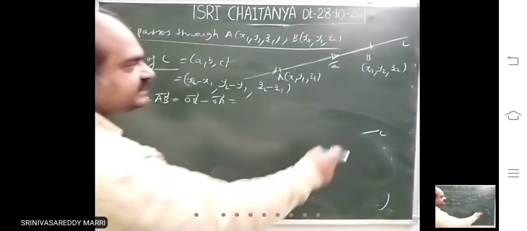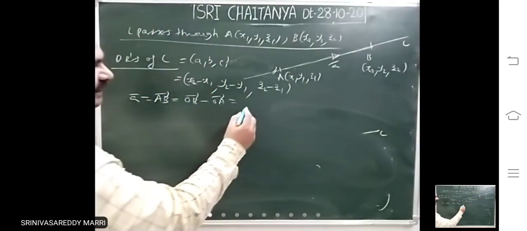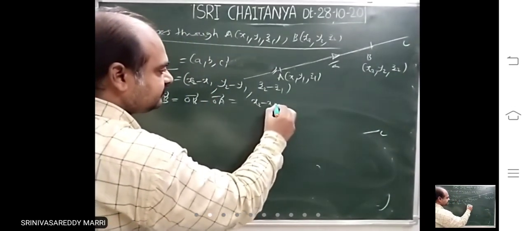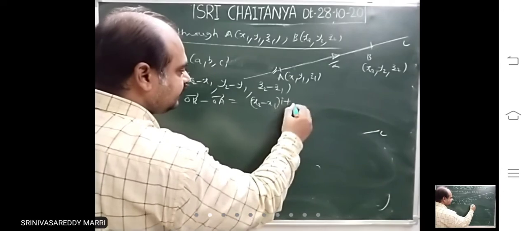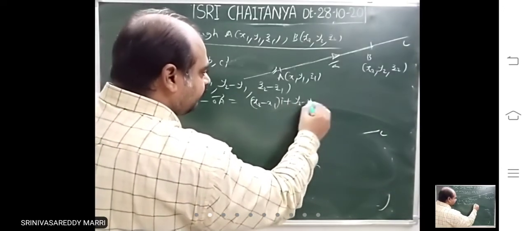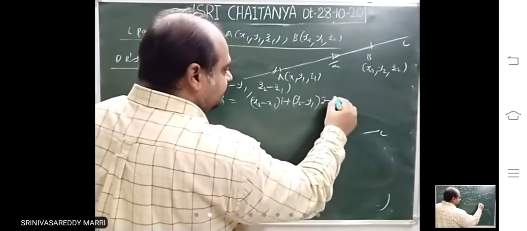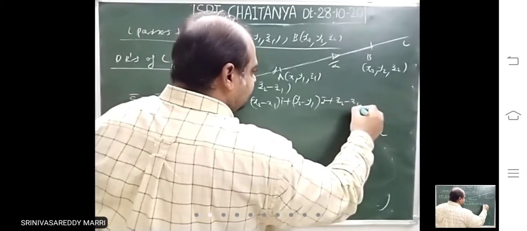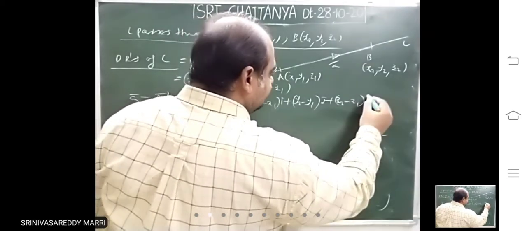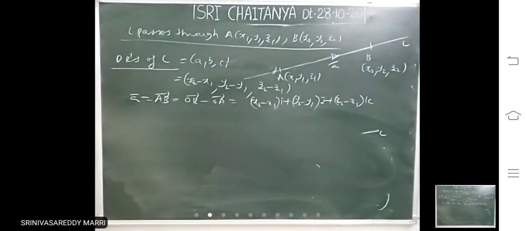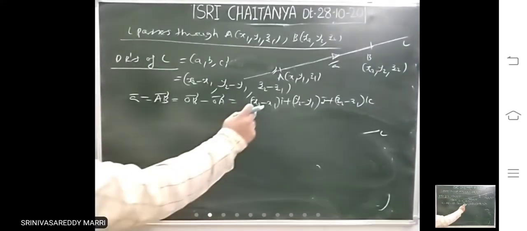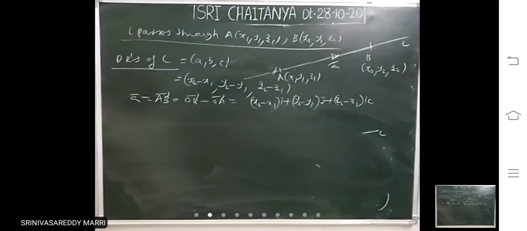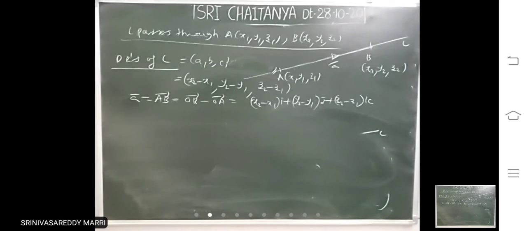So OB bar means position vector is given. That means you will get x2 minus x1 into i, y2 minus y1 into j, plus z2 minus z1 into k. Therefore its coefficients are x2 minus x1, y2 minus y1, z2 minus z1.